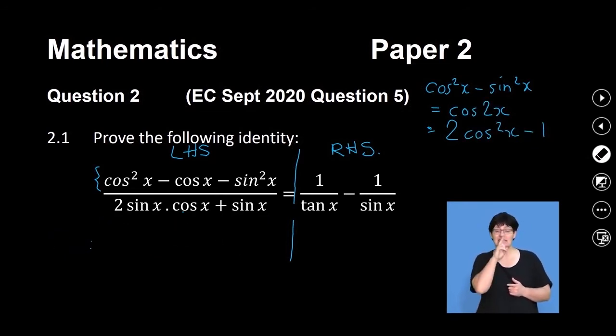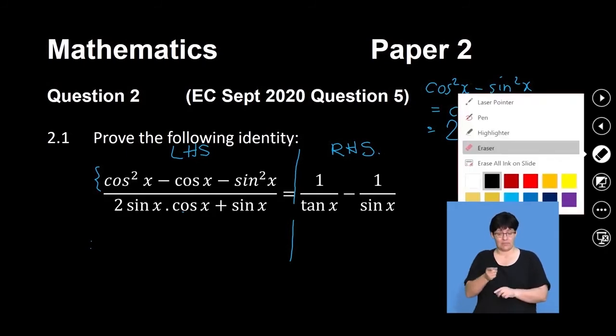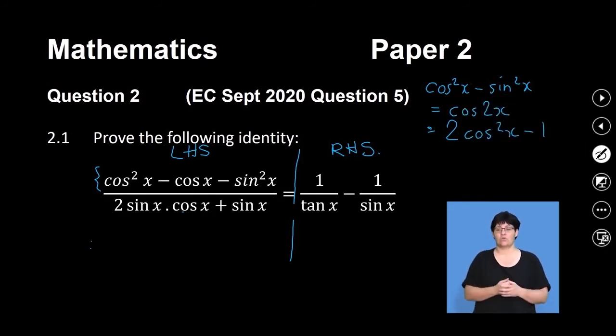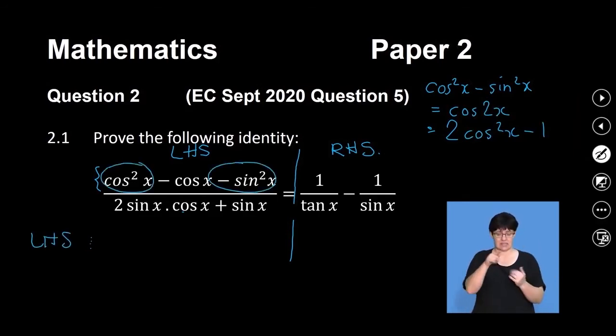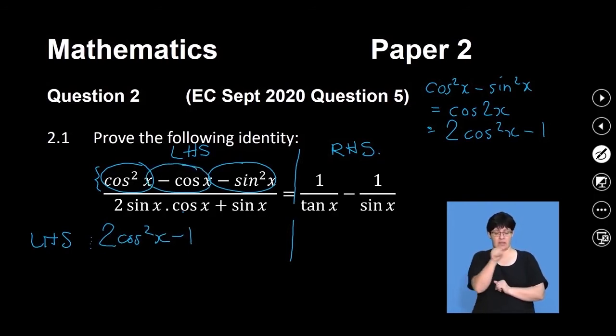And we're going to see how it all comes together from that. Okay, so we're going to write, I shouldn't have erased that. So the left-hand side, this and this is now going to become 2 cos squared x minus 1. And then, of course, don't forget the minus cos x over there.